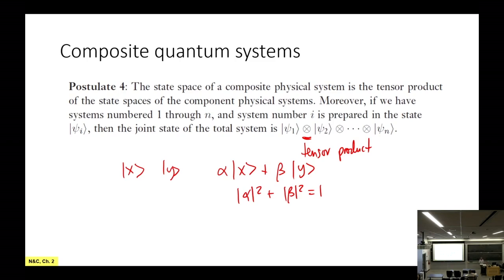And by extension, if I have a composite system, it seems pretty natural to say that if I have some state A and some state B, then there should be some corresponding state that we denote A times B, the product of A and B, of the joint system. And this is kind of how you get to the idea of tensor products from superpositions. It doesn't feel super satisfying to me, but that's how Nielsen and Chuang describe it, so we'll take it at face value.